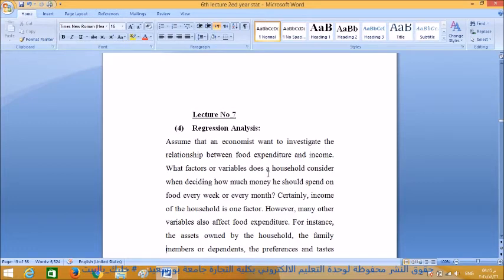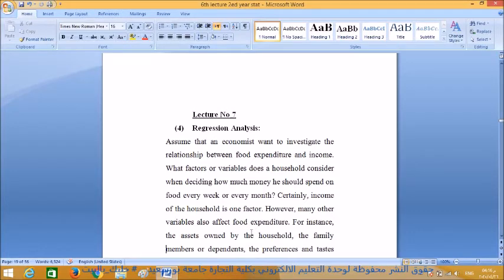What factors or variables does a household consider when deciding how much money to spend on food every week or every month? Certainly, income of the household is one factor. However, many other variables also affect food expenditures.